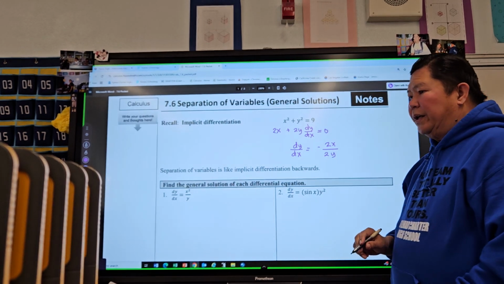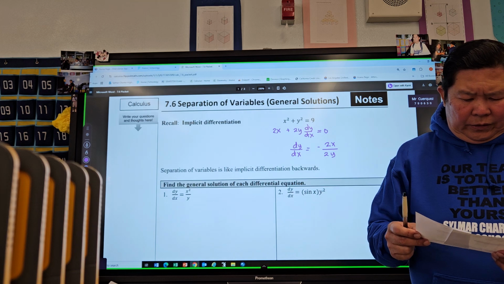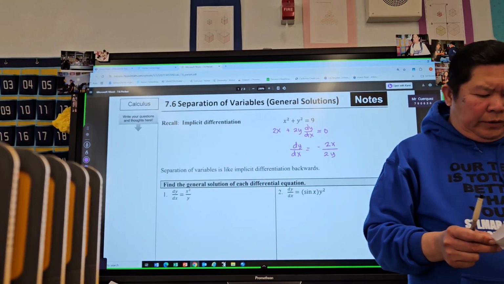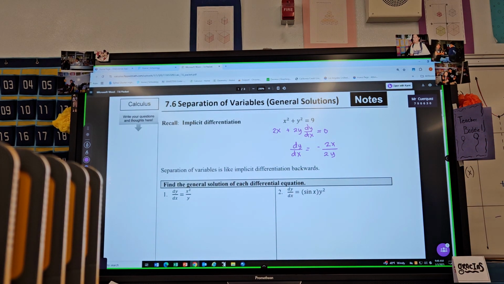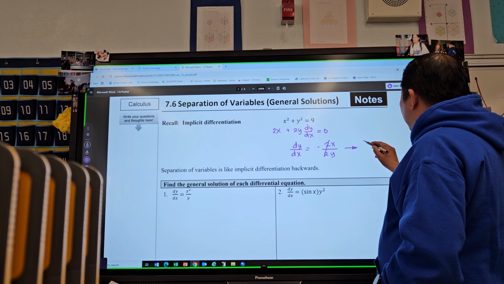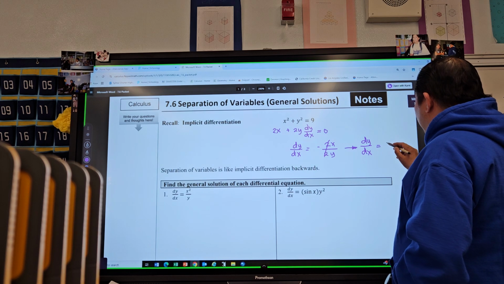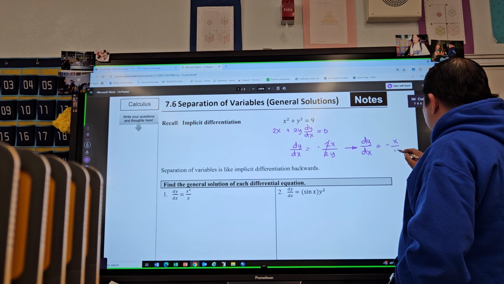Okay, so 2 cancels out, right? So our final answer would be dy dx is equal to negative x over y.